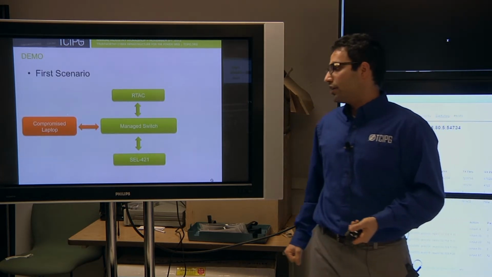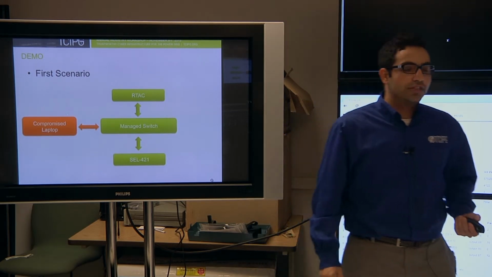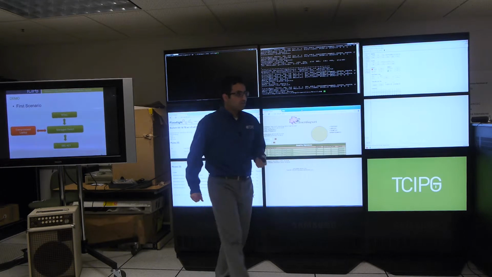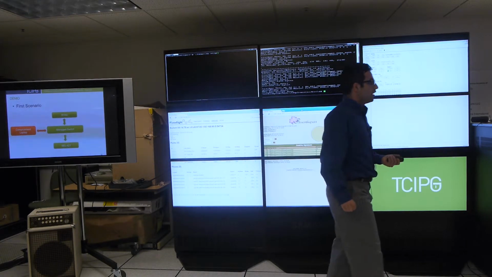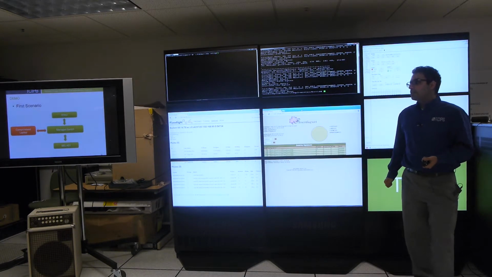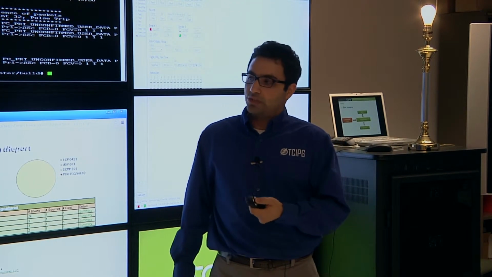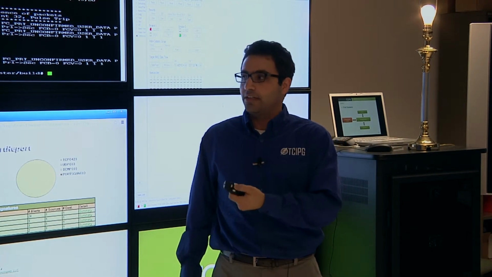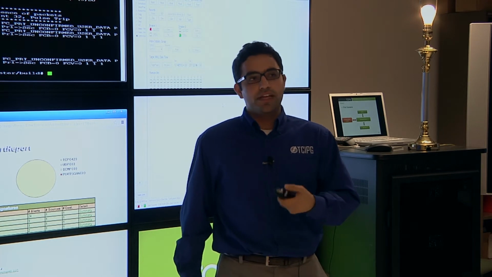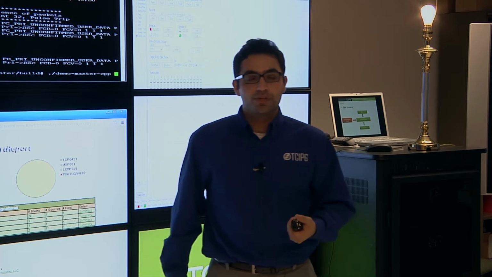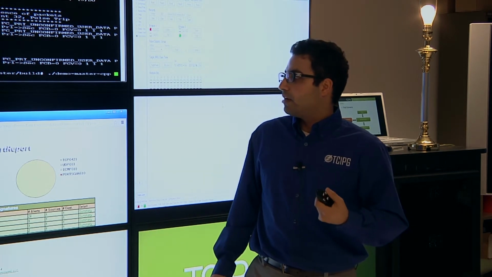In the first scenario in our demo, we're going to try to see the effect of a compromised laptop in a substation. In our substation, we have a managed switch which connects to a protective relay and an RTAC. Then the engineer would come in with their laptop to use it, and the malicious software would inject a bad packet.